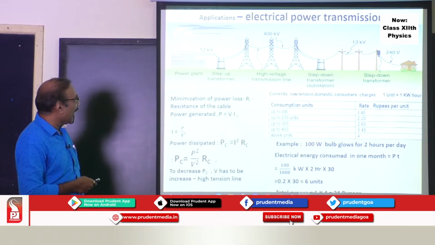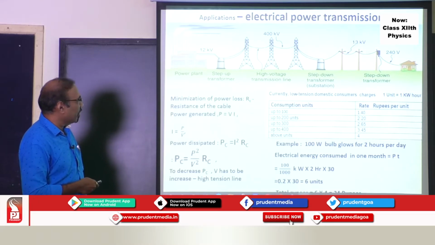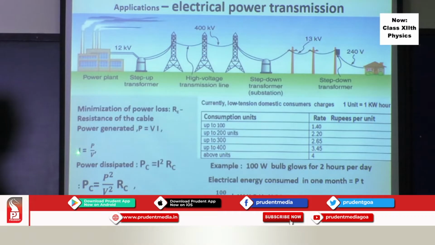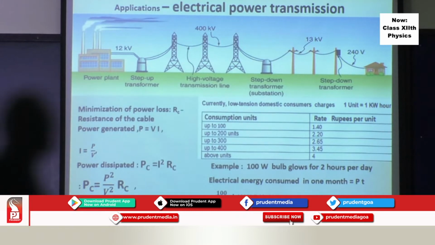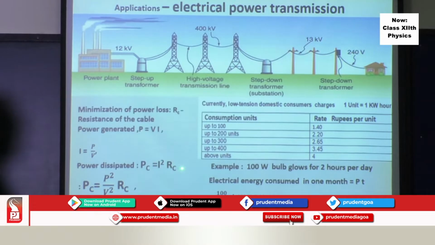So if I take Rc as the resistance of the cable, the power generated at the station will be VI, and I will be P upon V, where V is the voltage and I is the current. The power dissipated in the form of heat, the power loss Pc, is equal to I square Rc, where Rc is the resistance of the cable. If I put I equal to P upon V, we get this beautiful relation.